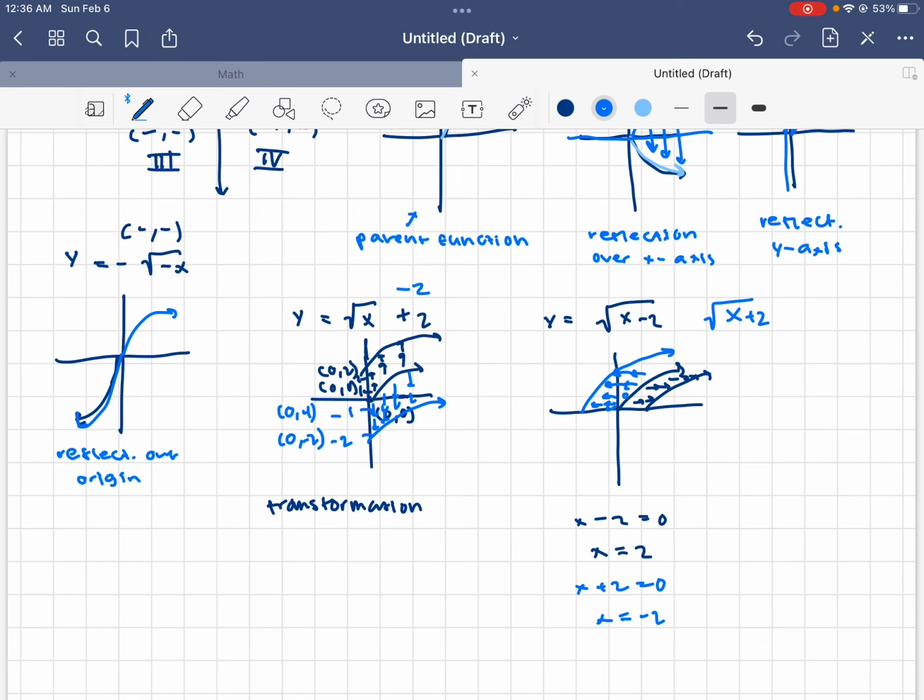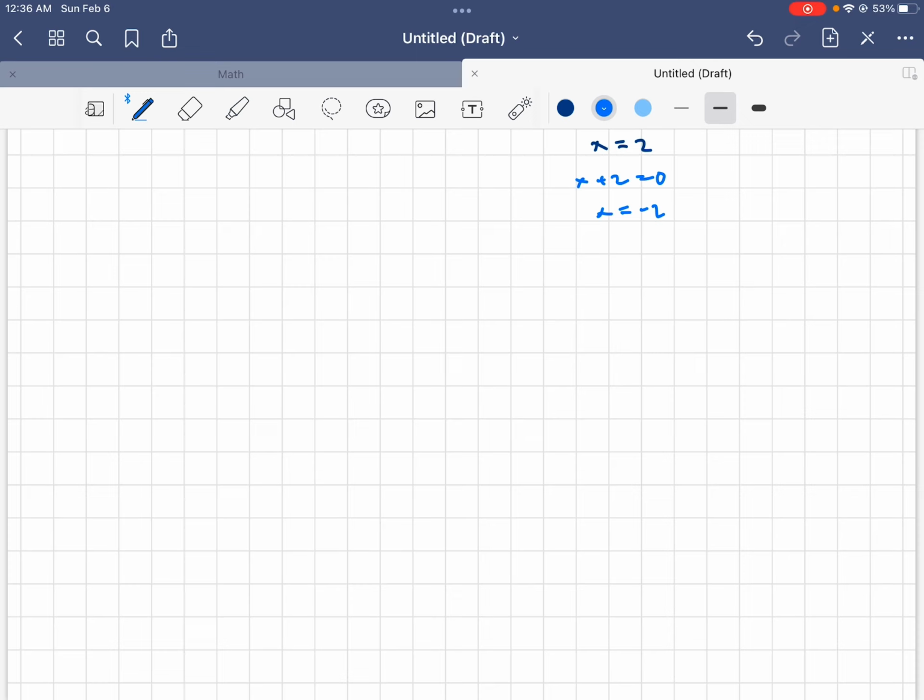Okay, now let's do one where our slope changes. So let's do y equals 3 square root of x.